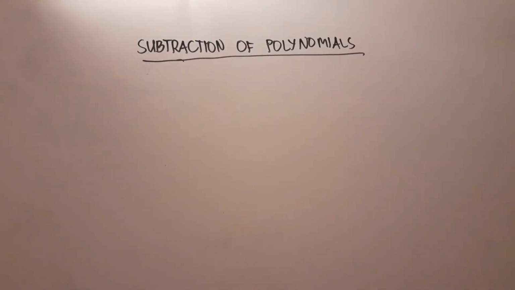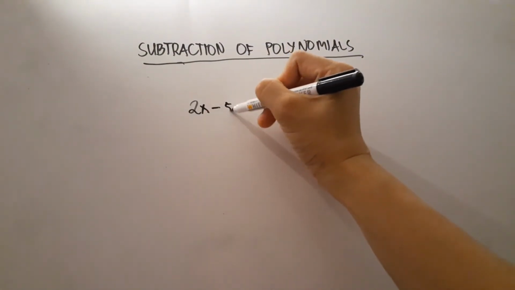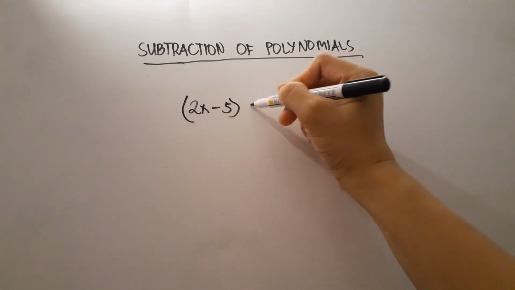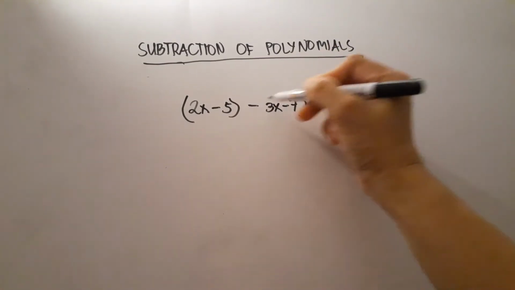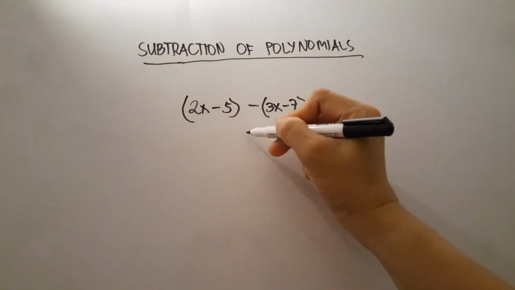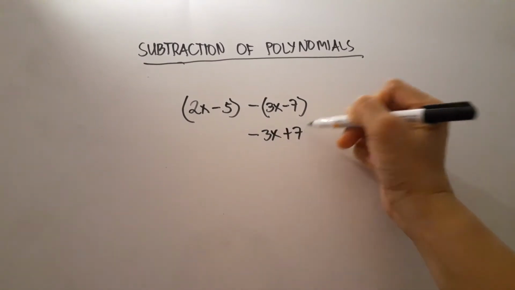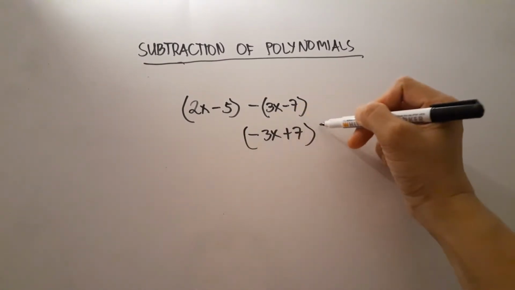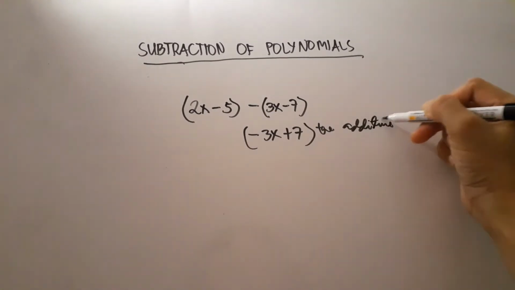And let's have another example, the quantity 2x minus 5 minus 3x minus 7. The additive inverse is negative 3x plus 7. This is the additive inverse.